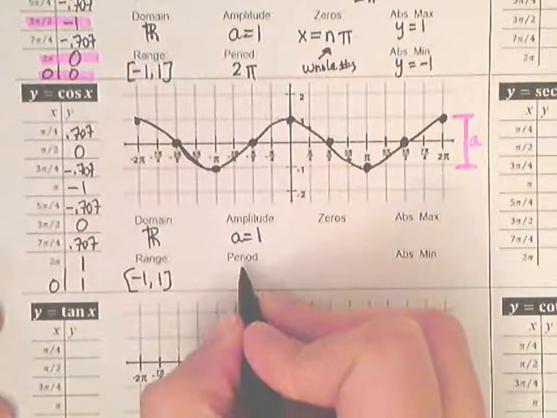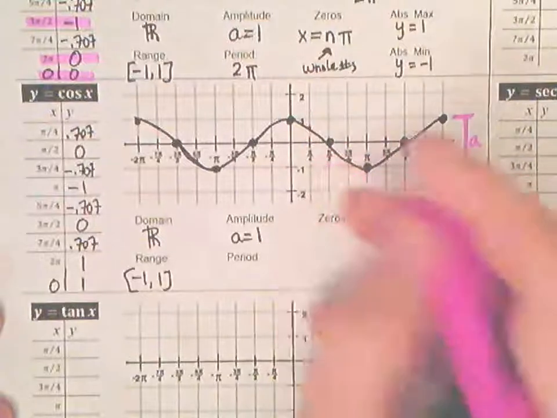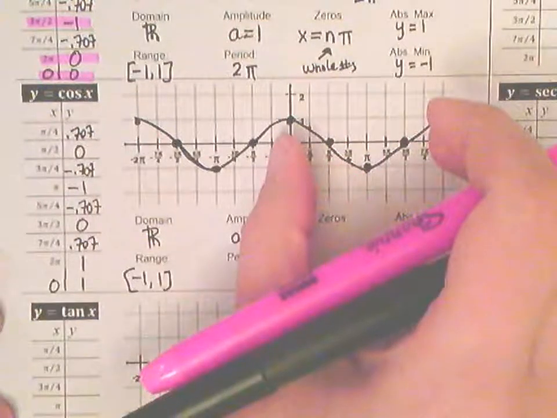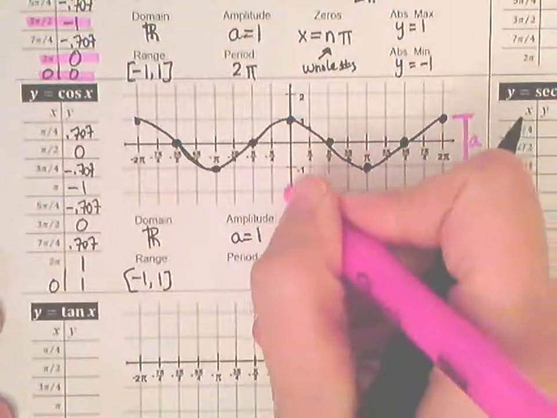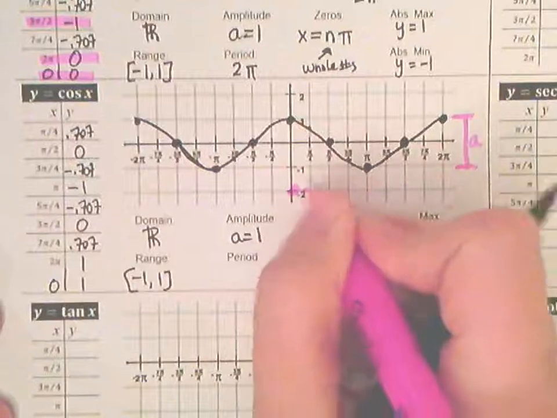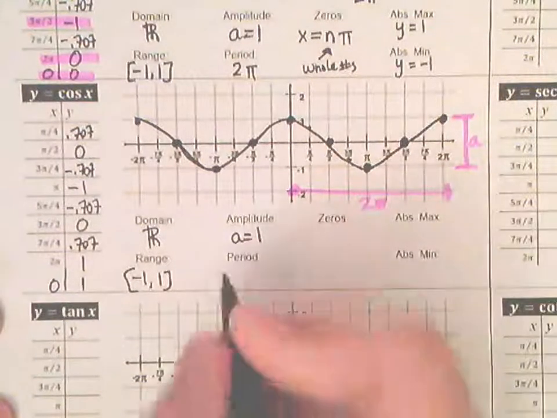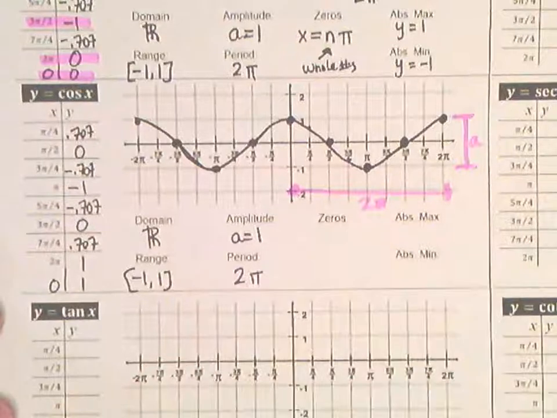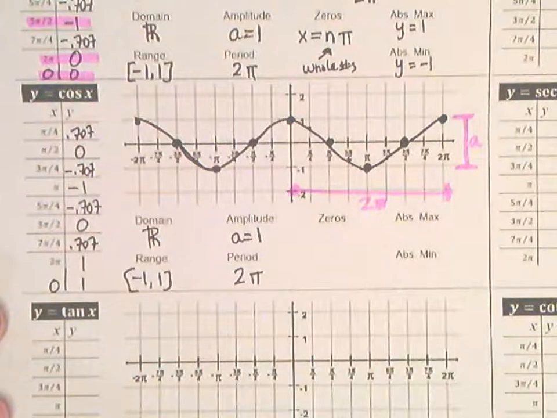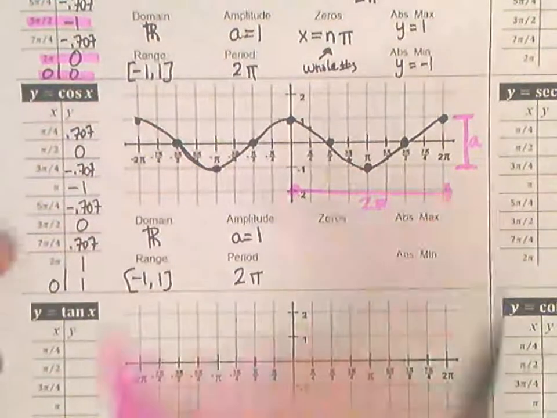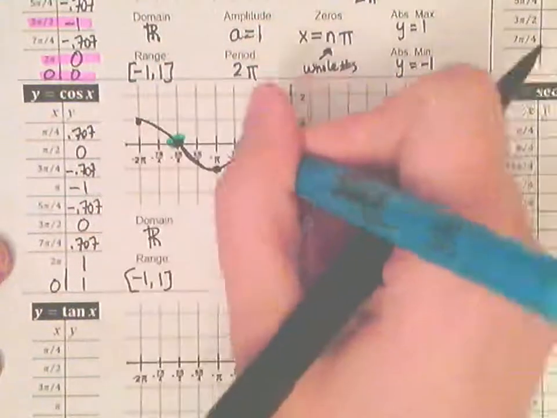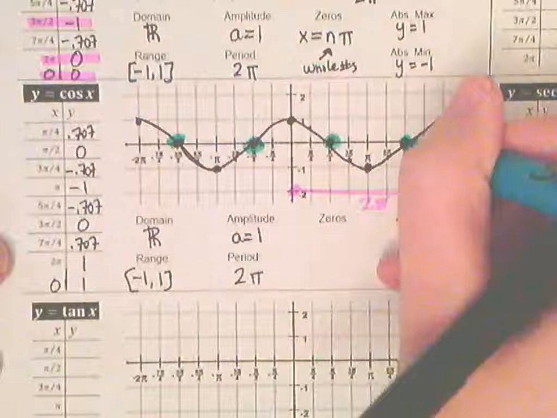Our period is when does this thing repeat? So if I start at 0, from 0 to 2 pi, the graph begins to repeat. So here our zeros are a little bit different. So our zeros for this function, you notice, are not at the whole integers.